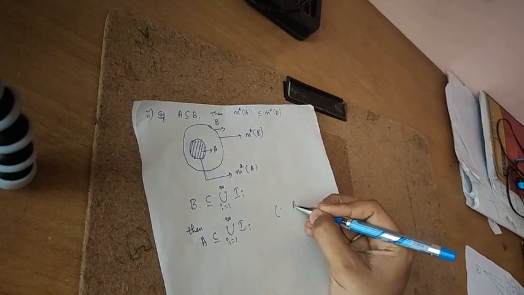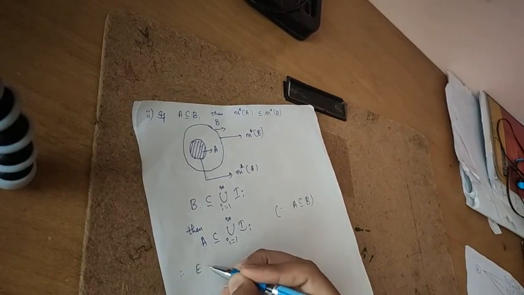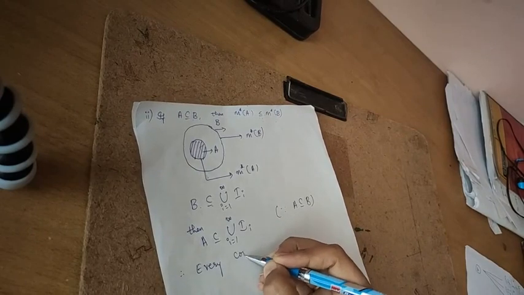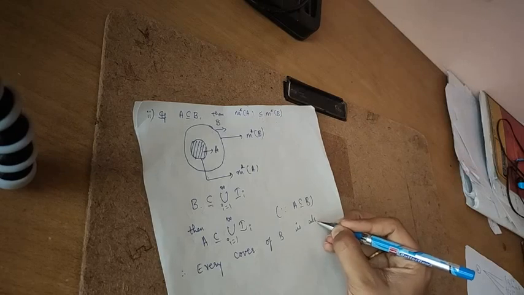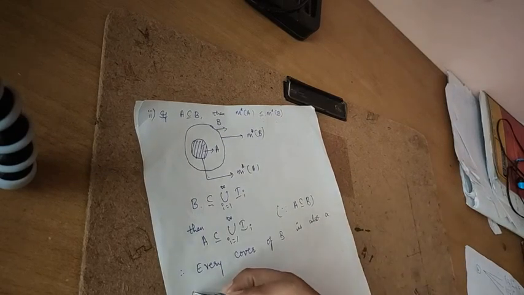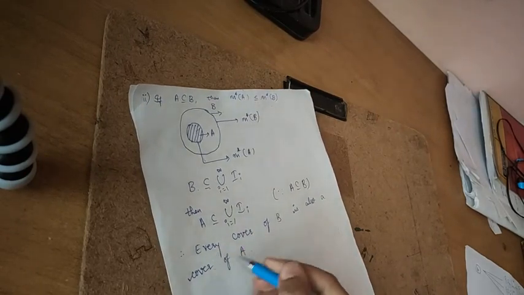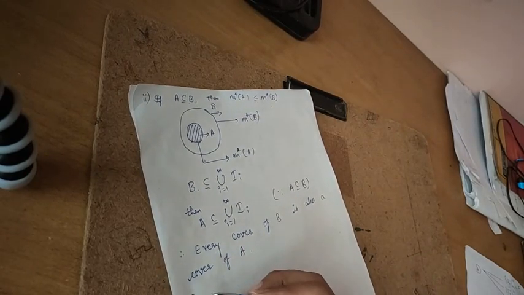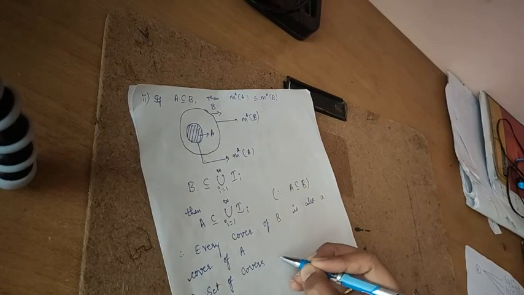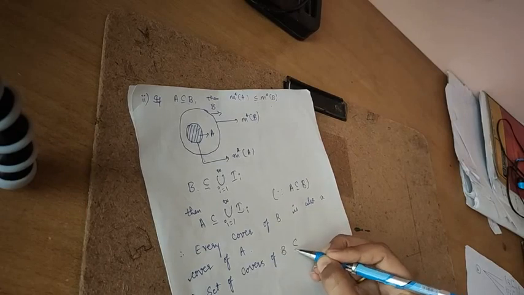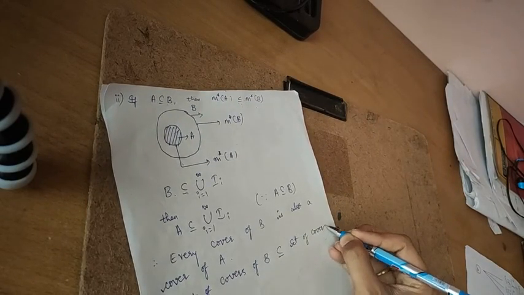This is because A is a subset of B. Therefore, I can write every cover of B is also a cover of A. Correct? So this implies the set of covers of B is a subset of the set of covers of A.